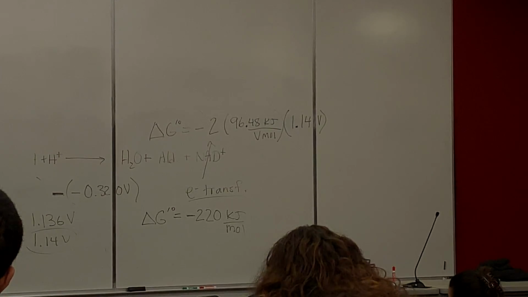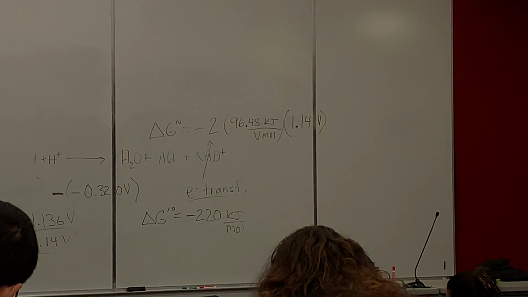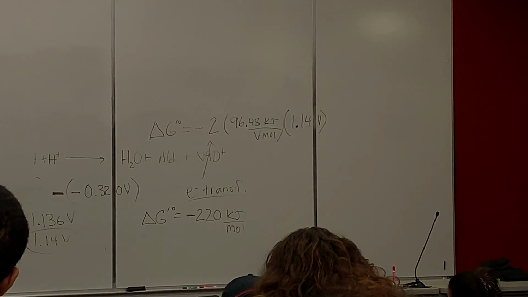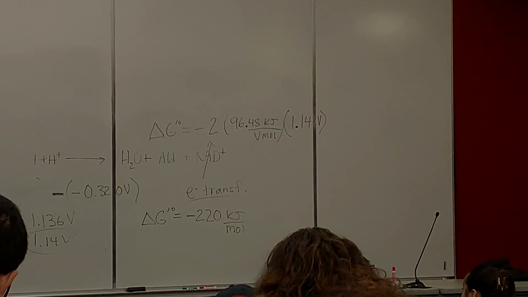So the delta G of this and that together make that. So we have negative 91 equals negative 220, and then whatever the delta G is for the alkane aldehyde.